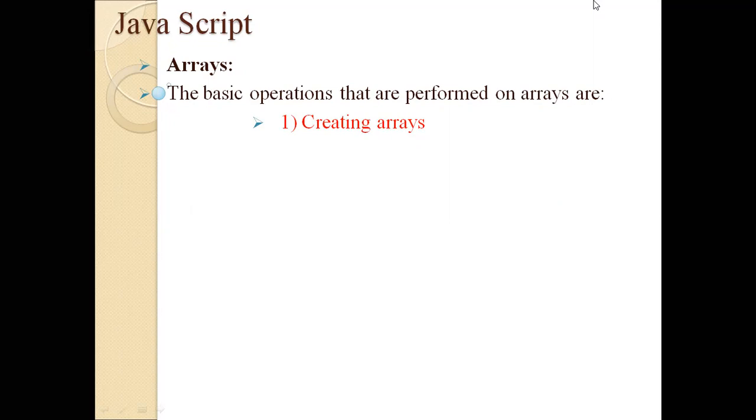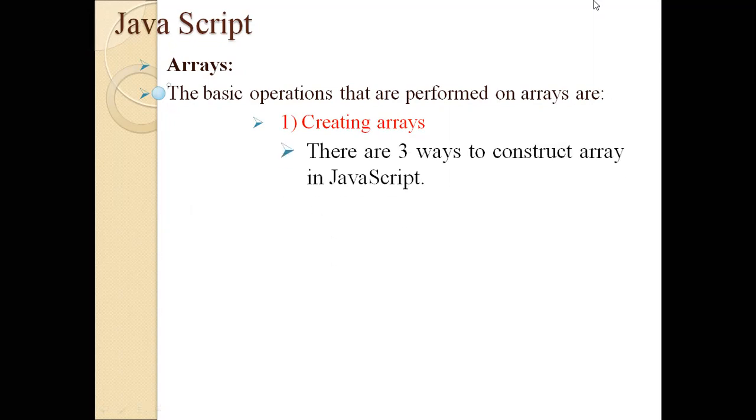Among those three, the first one is creation of an array. Let us see how arrays can be created in JavaScript. In JavaScript, there are three ways to construct arrays. The first one is by using array literal.